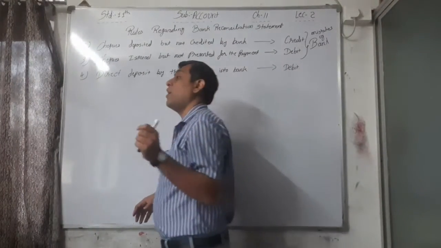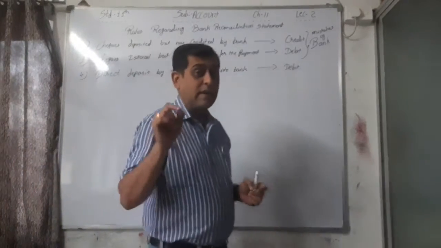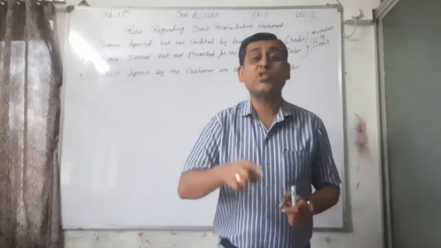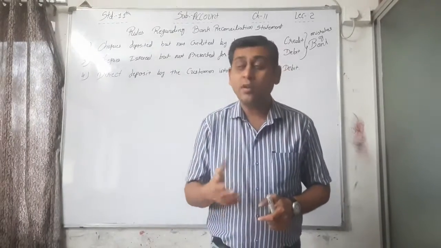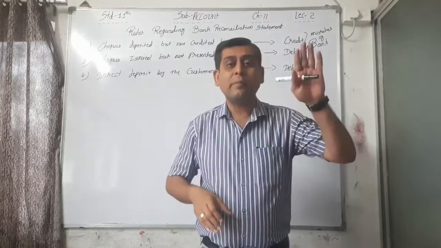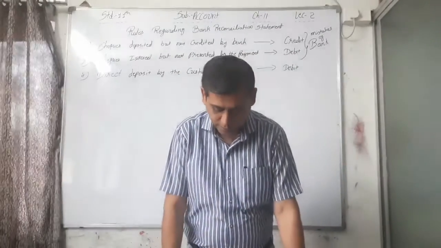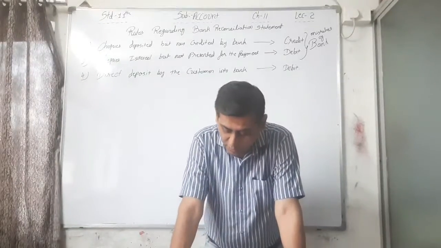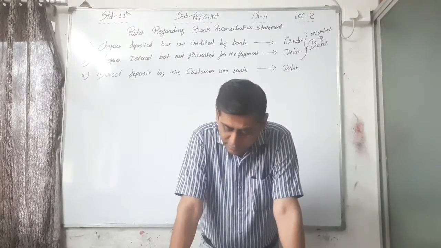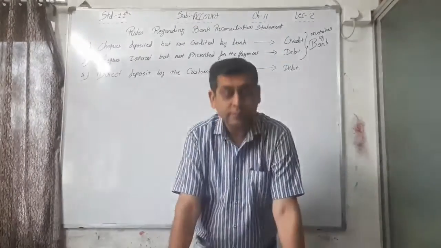At the same time, whenever interest is credited by the bank, it is income for the trader. Interest debited by the bank is expense for the trader. Bank balance is increased by the credited interest, bank balance is decreased by the debiting of the interest. Okay, but the trader does not record it in his cash book until he comes to know about it.